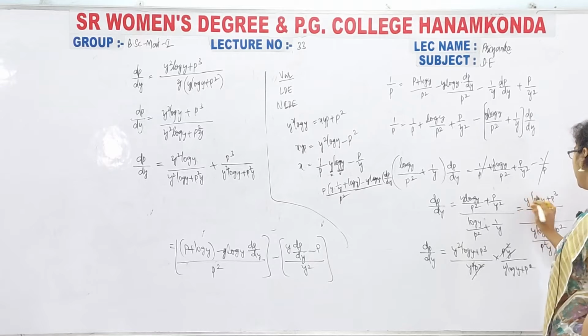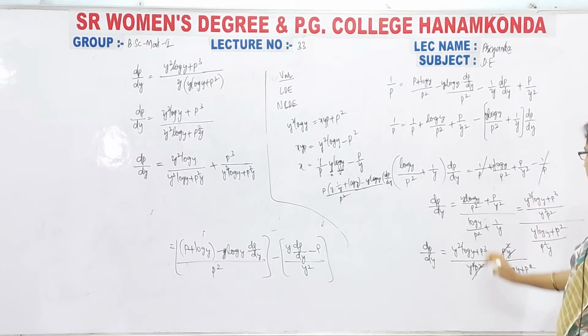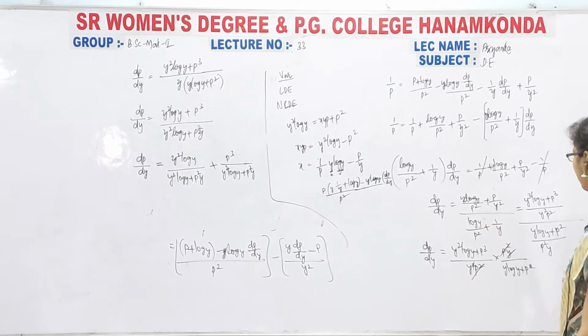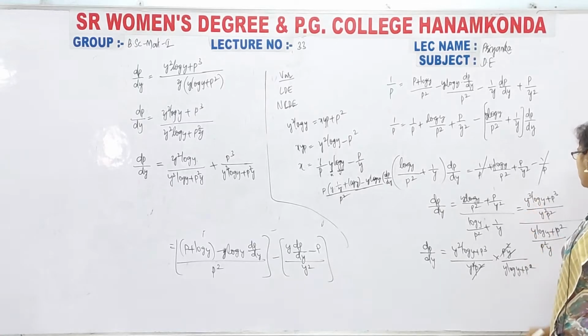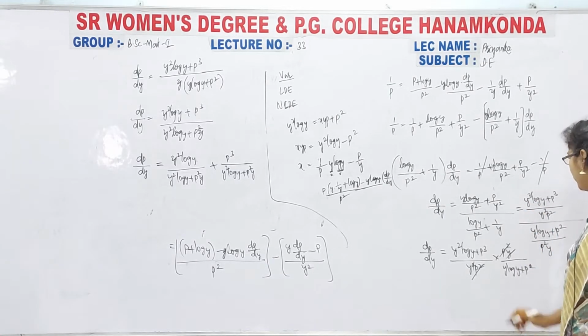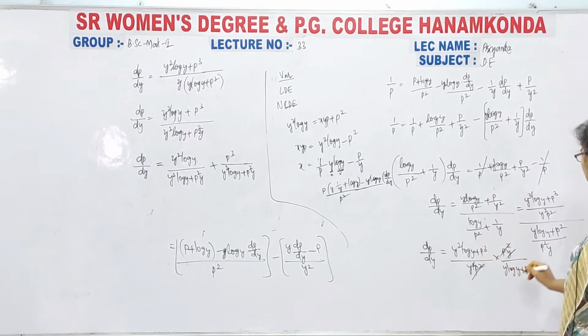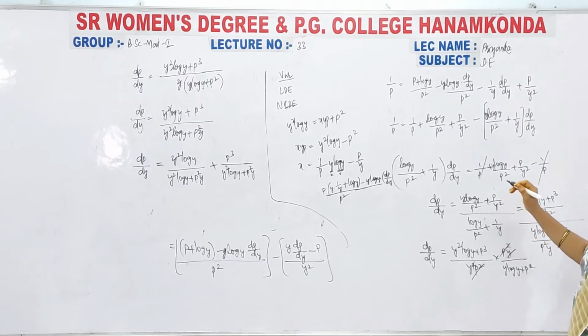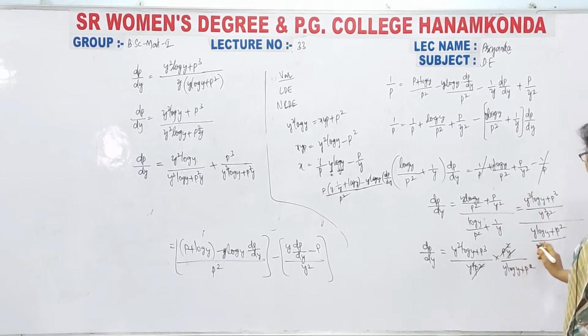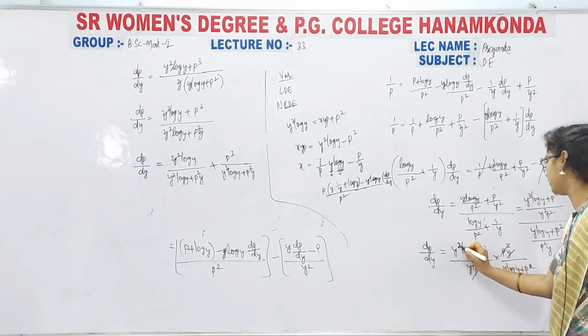Now what we get here, y cube, because here we have p square y square, so that's why y cube log y plus p cube, and this one is same, right? Next here y cube.